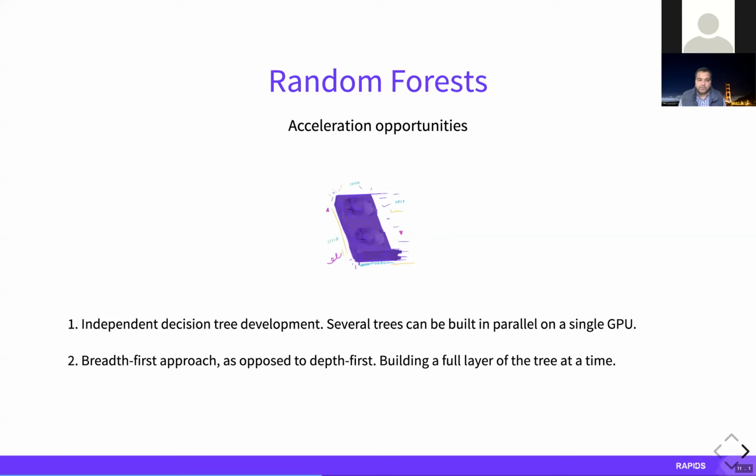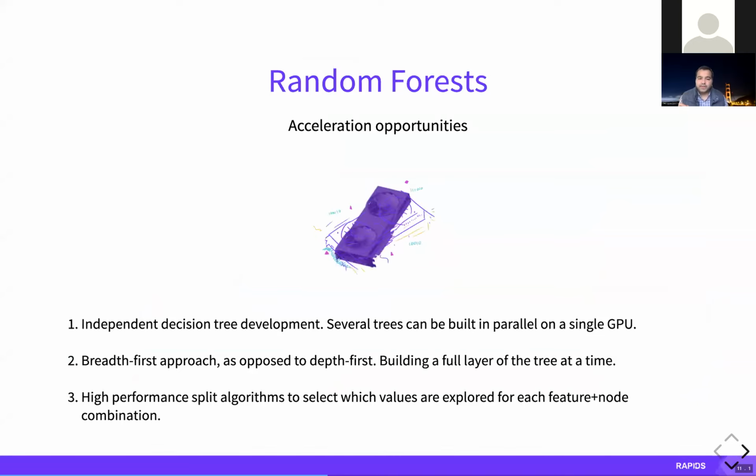The third point is high performance split algorithms. Remember, to determine where to split, you need to decide which feature to split on, and then what feature value to split on. To determine the feature value, you have some split algorithms that you can follow, and we won't go into the details here.